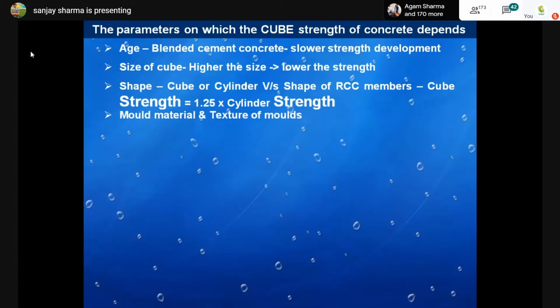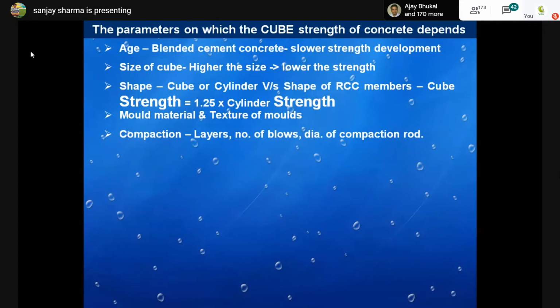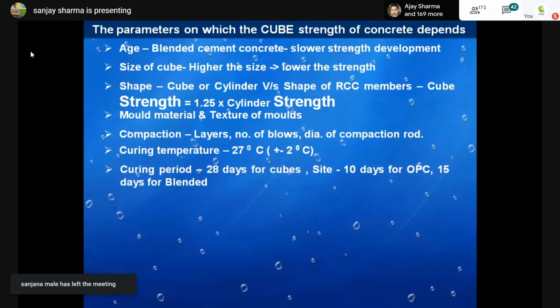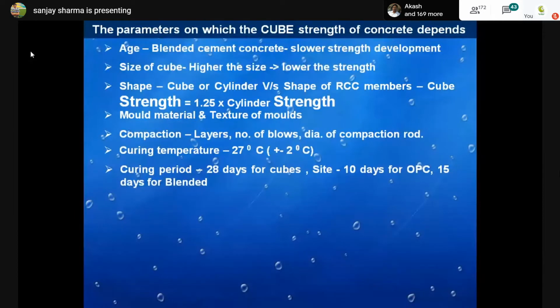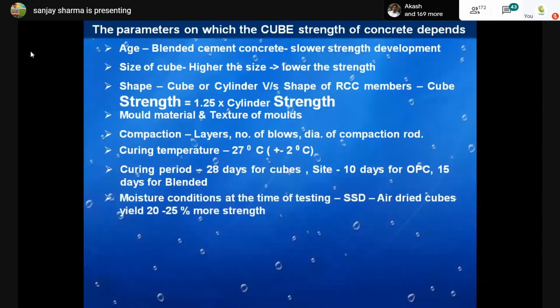Then material and texture of the molds used, compaction, how many layers, how many rows, diameter of the compaction rod, then curing temperature. Generally, this is one important factor which is sometimes not under control even in our laboratories. Then curing period also, for how long curing has been done.